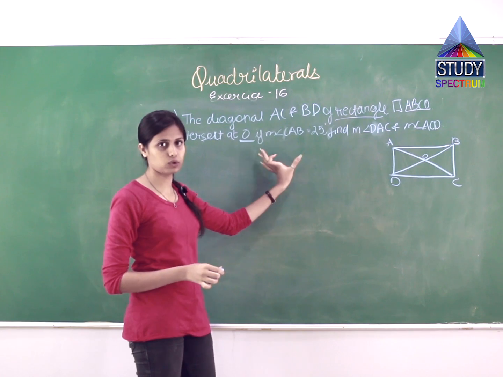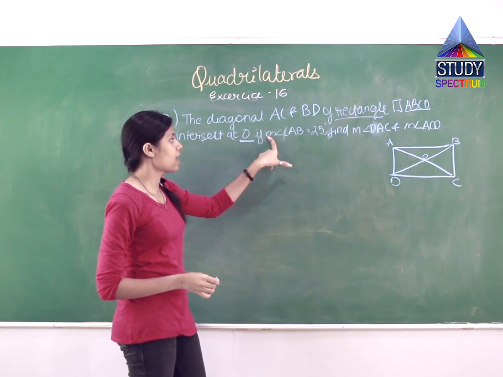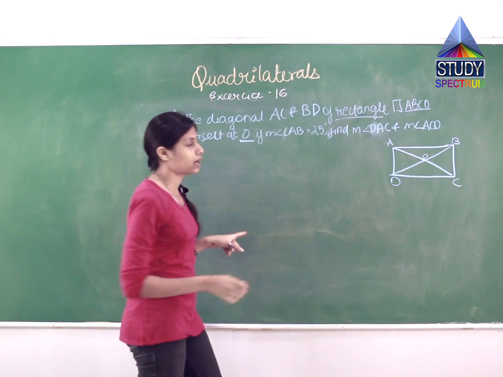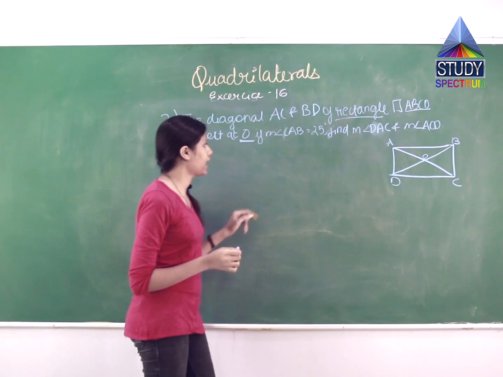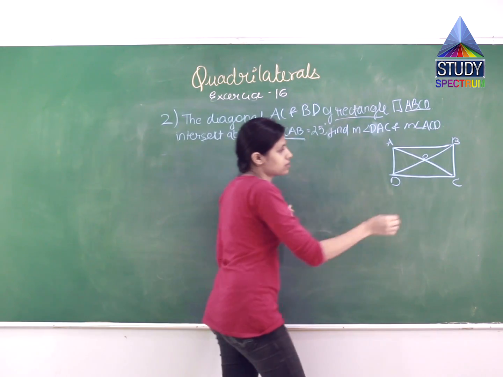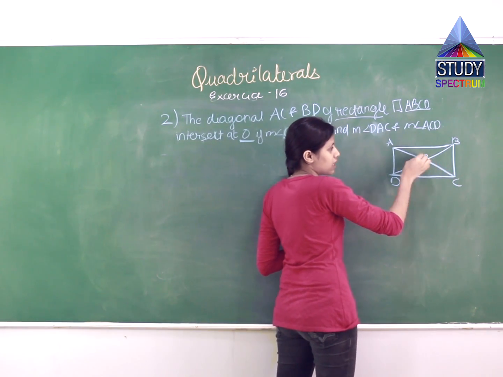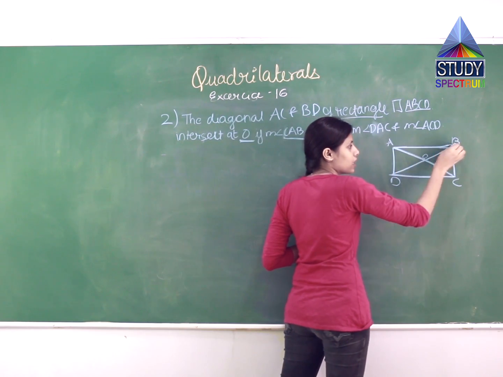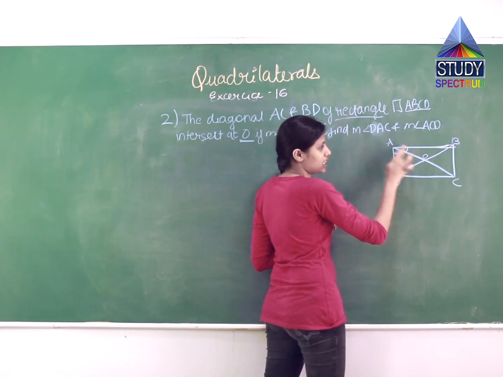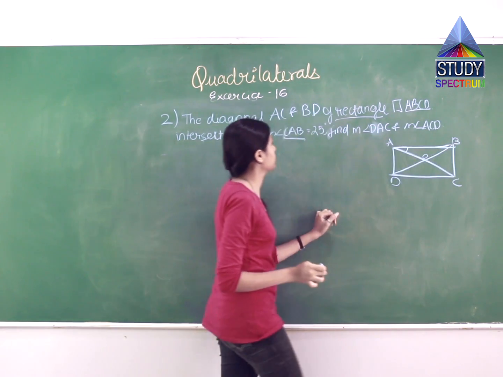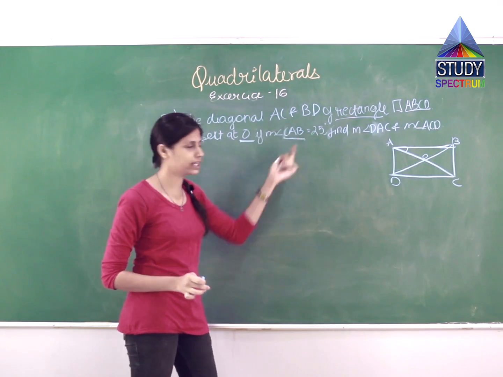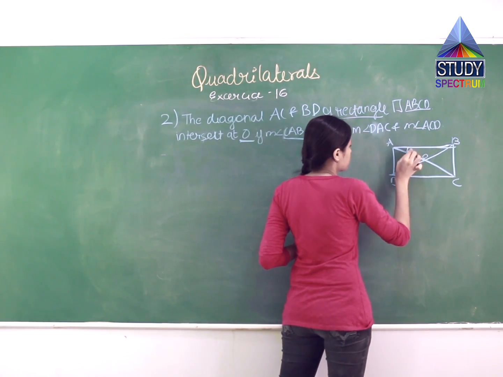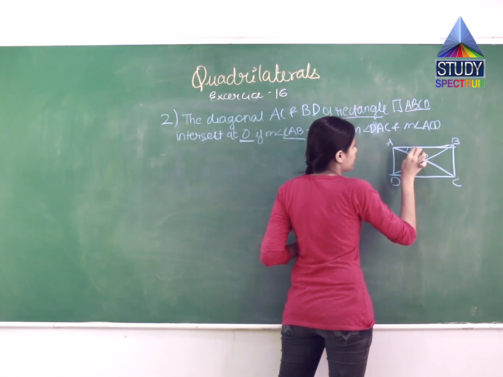And they have given you additional information as measurement of angle CAB. Now look into the diagram. Where is CAB? This is C, this is A and this is B. So this angle CAB is equal to 25 degree.